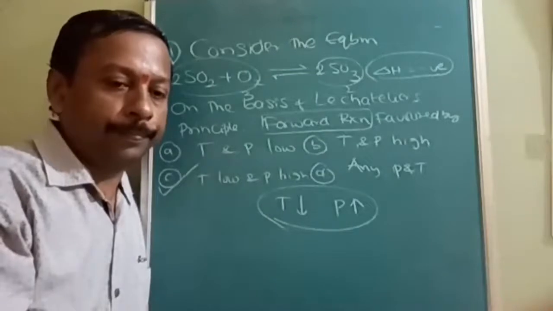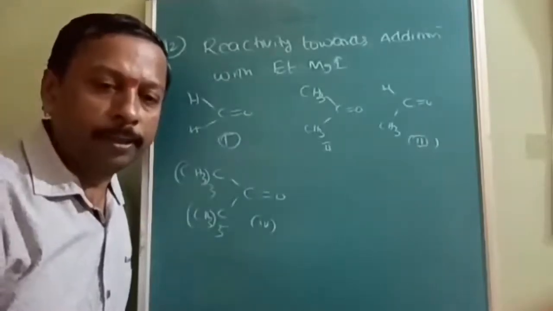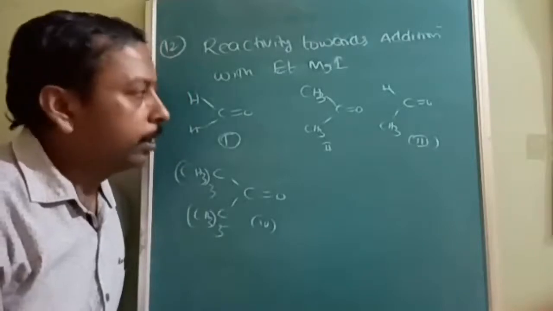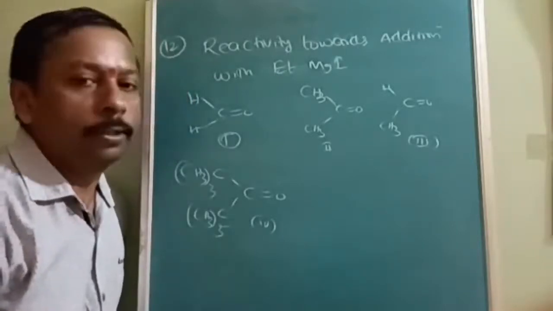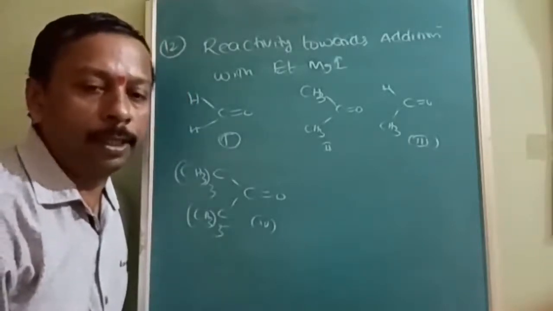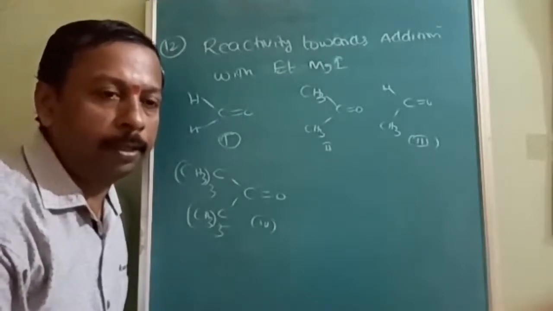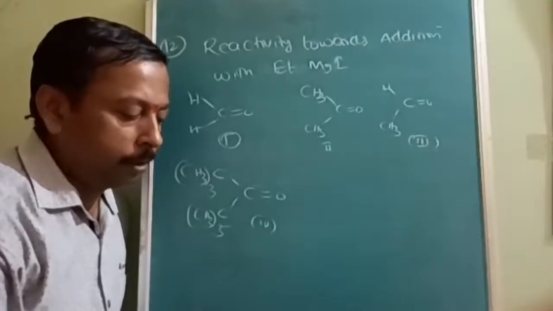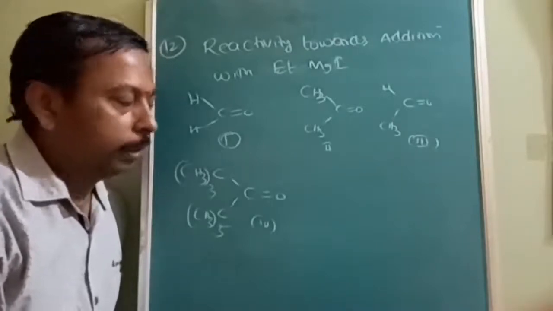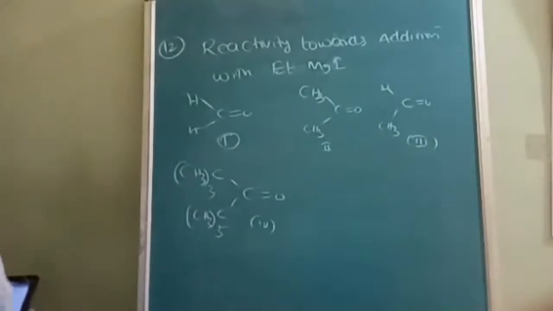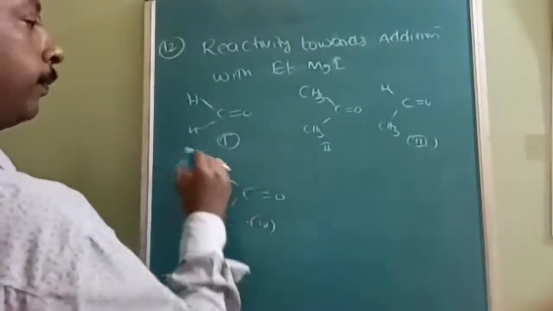You have to arrange them in decreasing order of reactivity towards the addition reaction, towards ETMGI. ETMGI 1, 2, 3, 4 numbering is made. You have to arrange them in decreasing order. Highest reactivity will be found where the steric hindrance is less, which is this one.